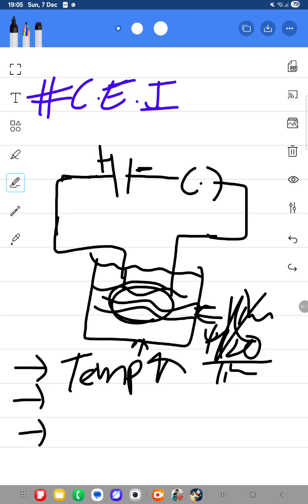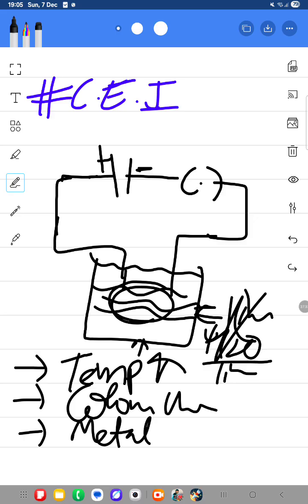When electricity is passed through a conducting liquid, it may show some effects in its chemical properties. I am writing down those effects: its temperature can increase, its color can change, it can form a metal substance within it. These three or more can also form, but these three are the main ones.